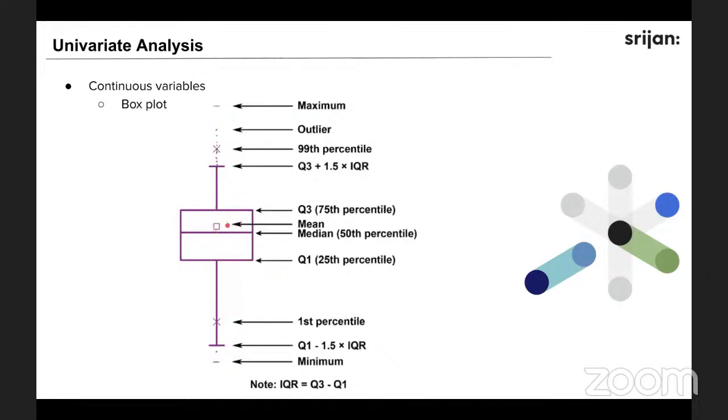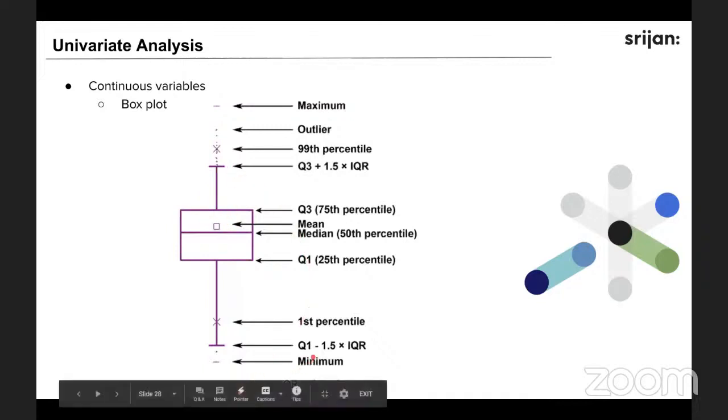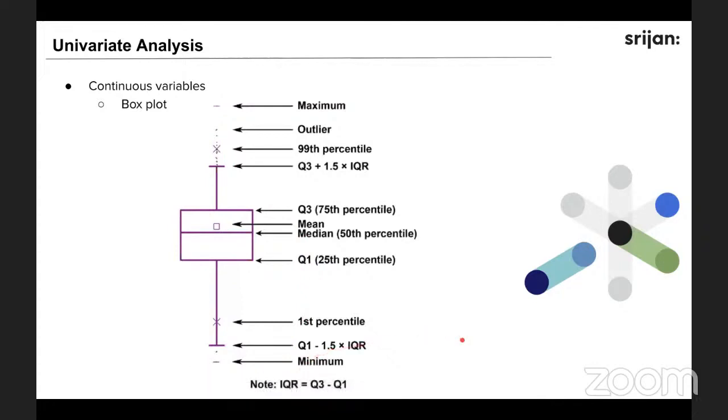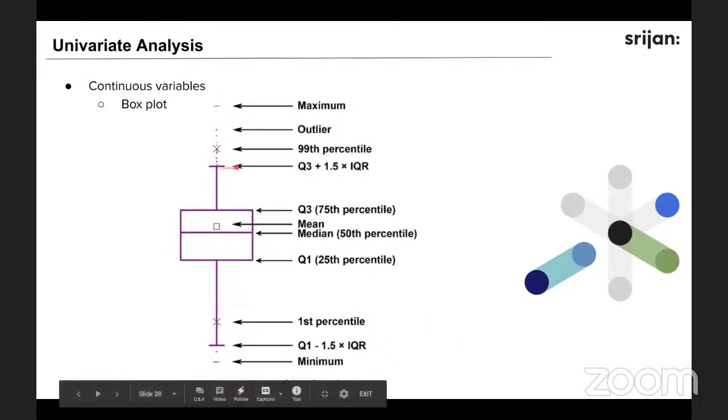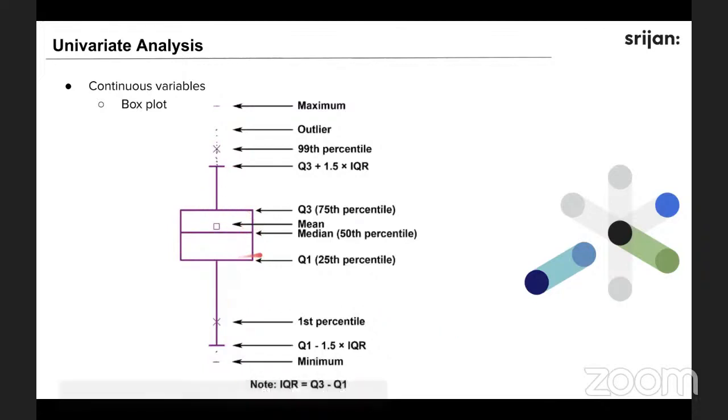Now, how are we going to use it for that purpose? So if you see here, we have something called IQR, right? So IQR is basically the interquartile range. The interquartile range is basically Q3 minus Q1. Q3 is basically this point, and Q1 is basically this point.